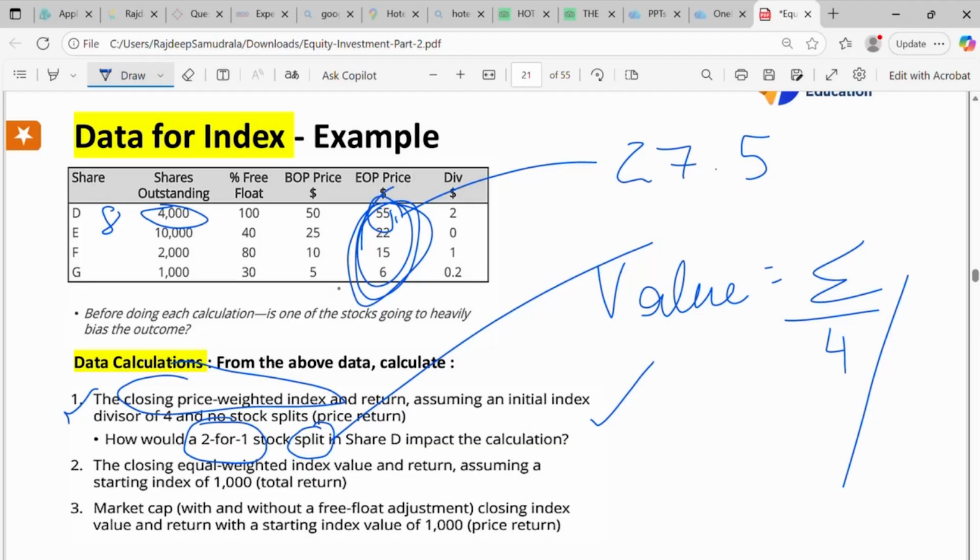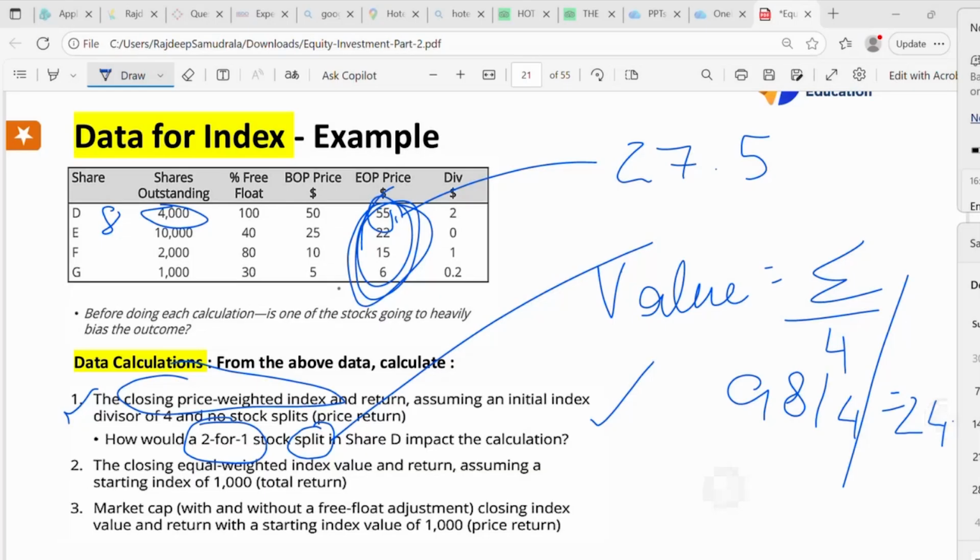Look at that quickly. 55, 77, 87, 92, and 98. So the answer is 98 divided by 4, which is around 25, so 24.5. That's the earlier answer for the closing price.